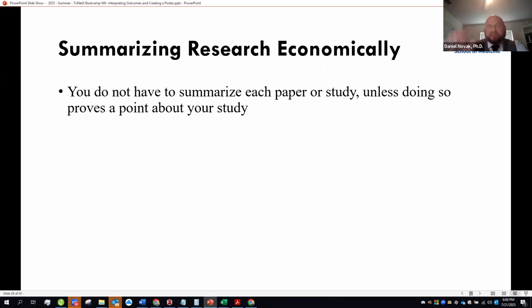Also, please note, you do not have to summarize each paper or study unless doing so provides a point about your study. It is possible sometimes to pull out a particular study and say, we will do a deep dive into the findings of Johnson and Murphy, and we're going to look at what their study found specifically, because that has an impact on how we are doing our study.